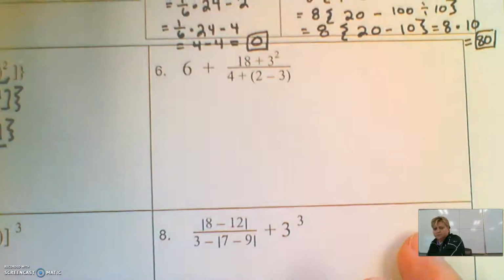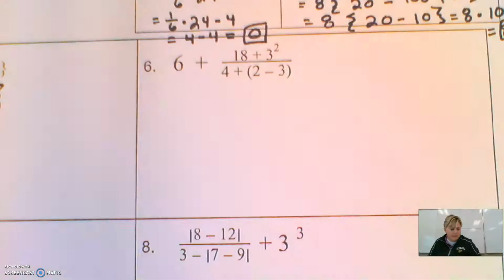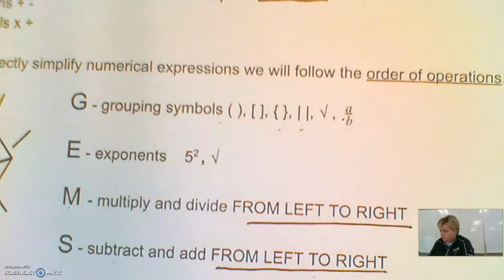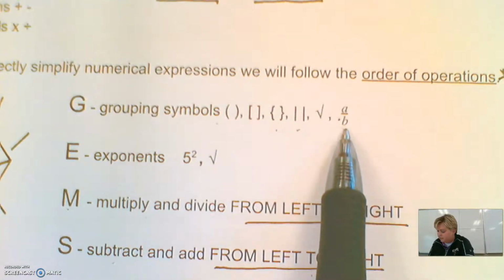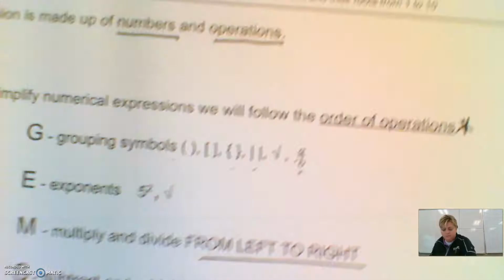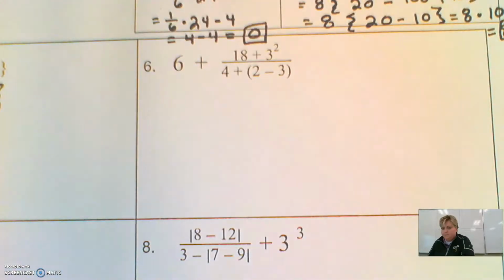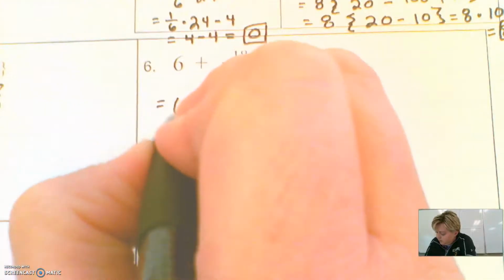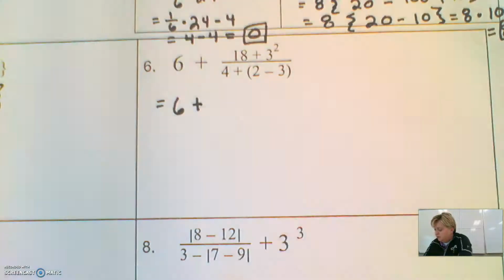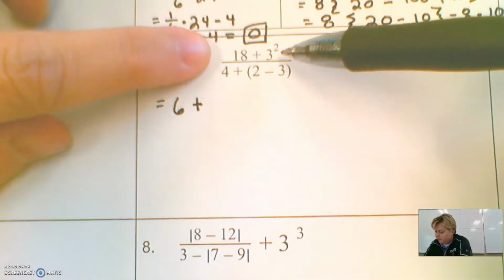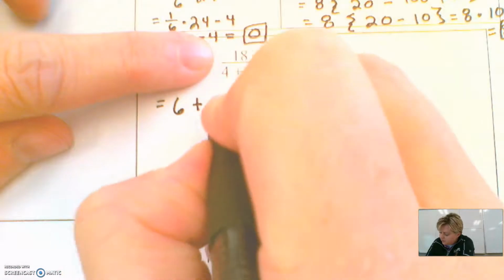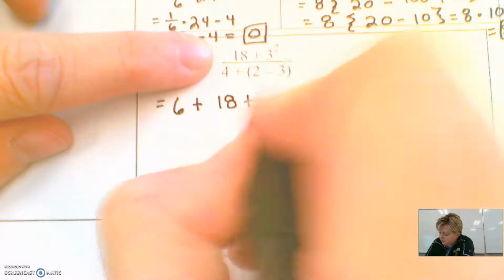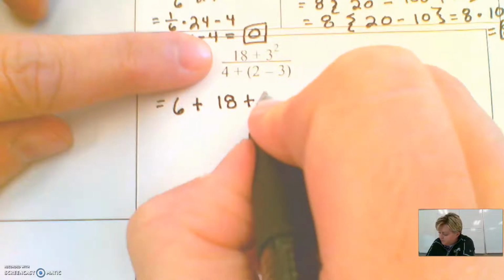Number 6. You have a fraction. And your grouping symbols is where we find the fraction. So we're going to work with it first. So I'm going to work on the numerator first. 18 plus 3 squared. You're going to do your exponents first. 3 squared, 3 times 3 is 9.